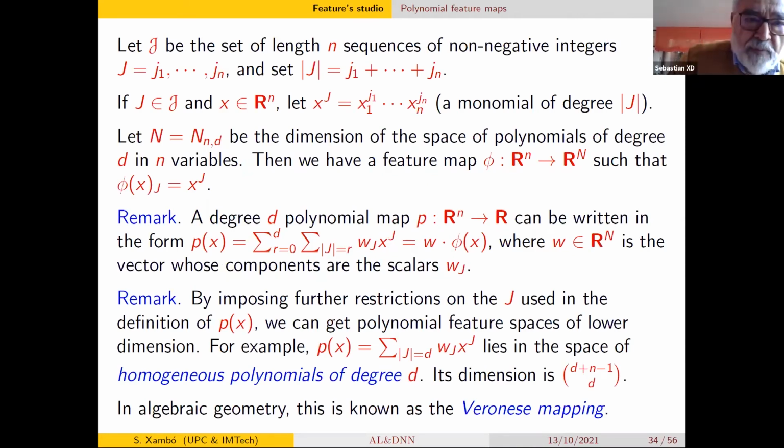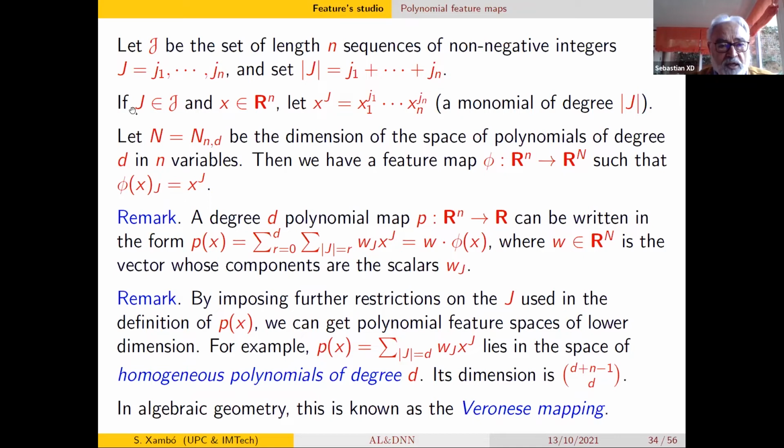So, polynomial feature maps. I need some notation. Let curly J be the set of length n sequences of non-negative integers. So J is J1 to Jn, and we are going to set absolute value of J to be the sum of the J's.